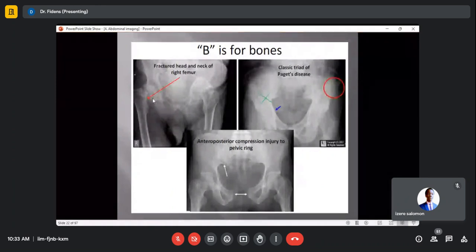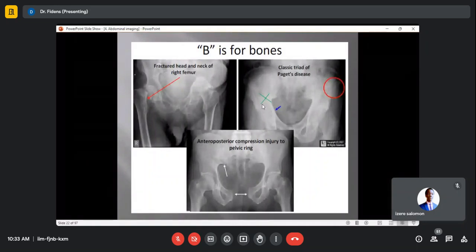Like in this other case, it was about bone sclerosis. Can you see in Paget disease? The bones here in the pelvis are sclerosed. They are not normal bones, too much white, sclerosed. And in this one, don't miss any dislocation.